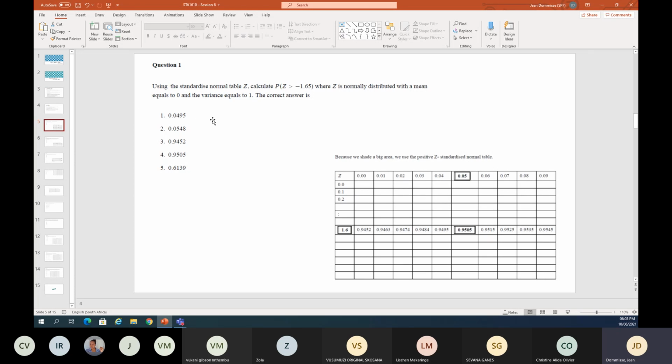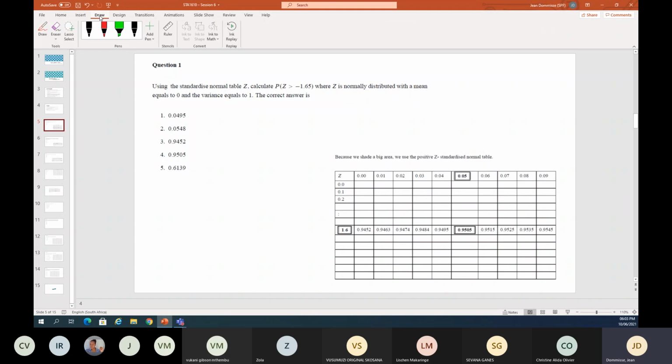When I look at study unit 6, 7, probably 8 as well, what I always start off with is to draw a normal diagram for myself. I will always start with drawing that normal distribution.